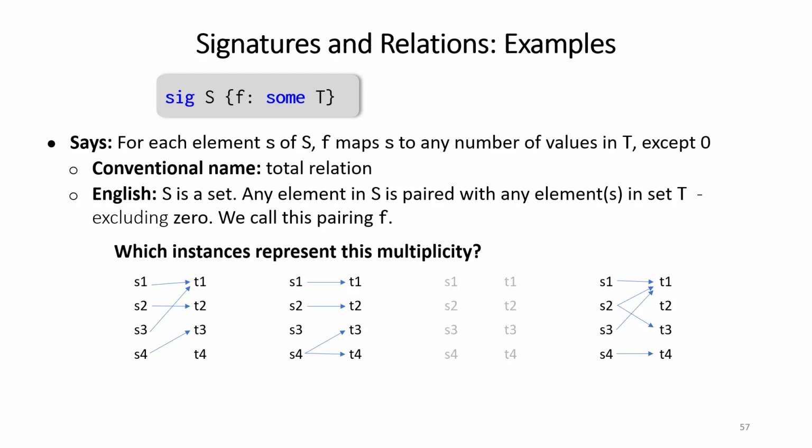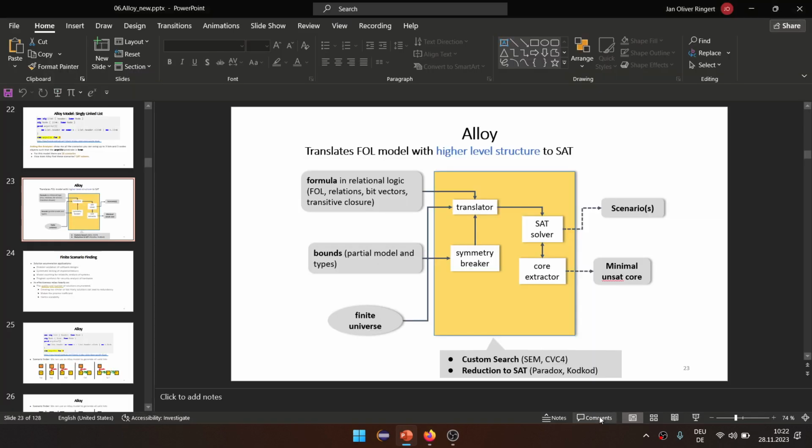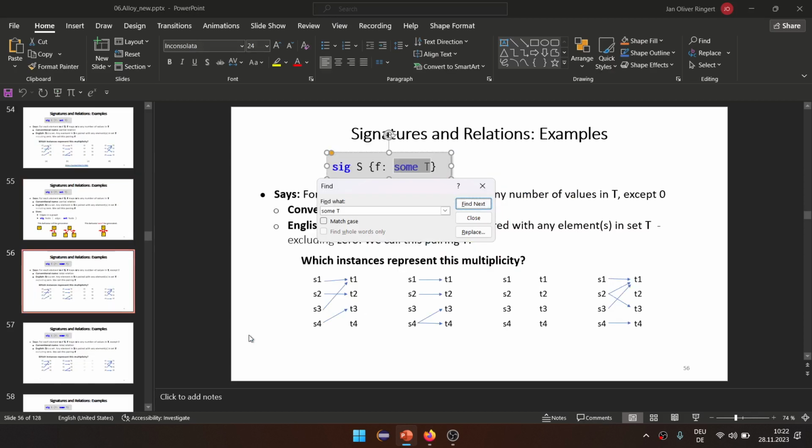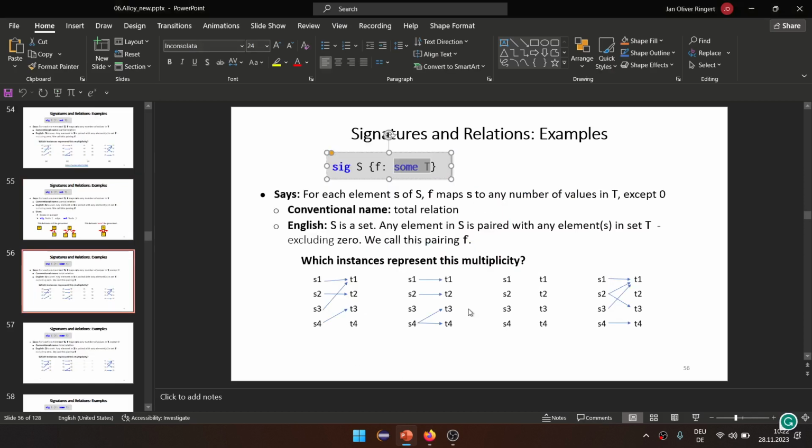This one, all of them have at least one element, so that's also fine. So here this one should also be grayed out. It's not grayed out. Well, it should be grayed out. Let's gray it out.